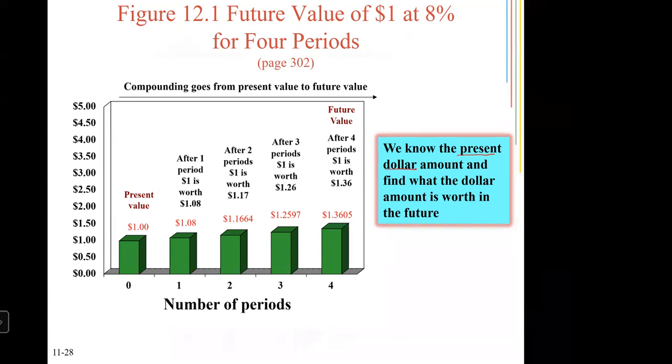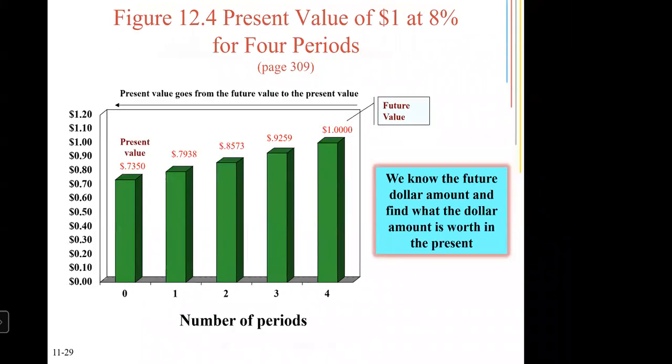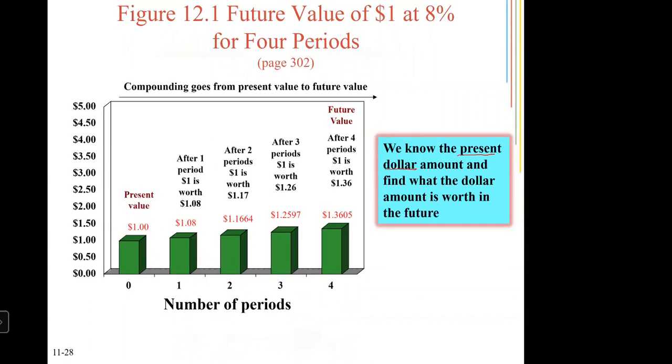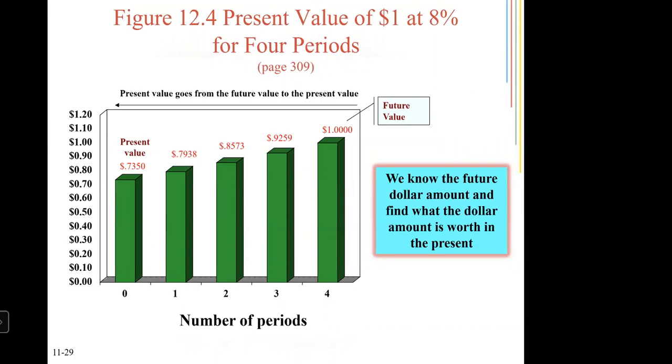Now, your book also has a reverse concept called present value. So the present value is different from the future value. The present value is saying to us, we know the future value and we want to find the dollar amount that it is worth in the present.